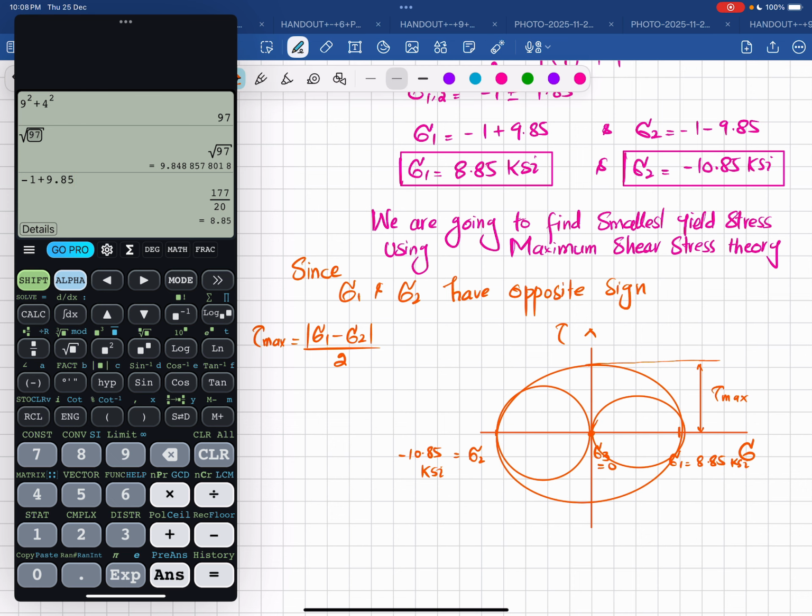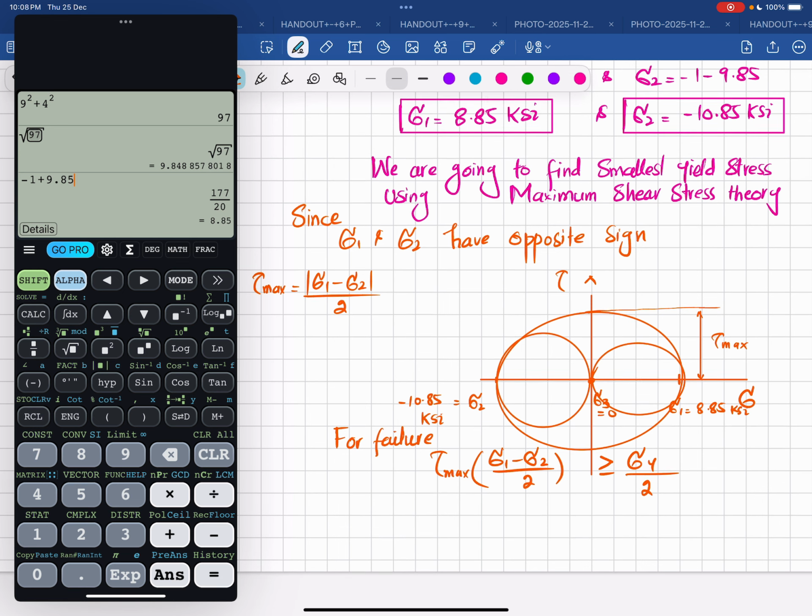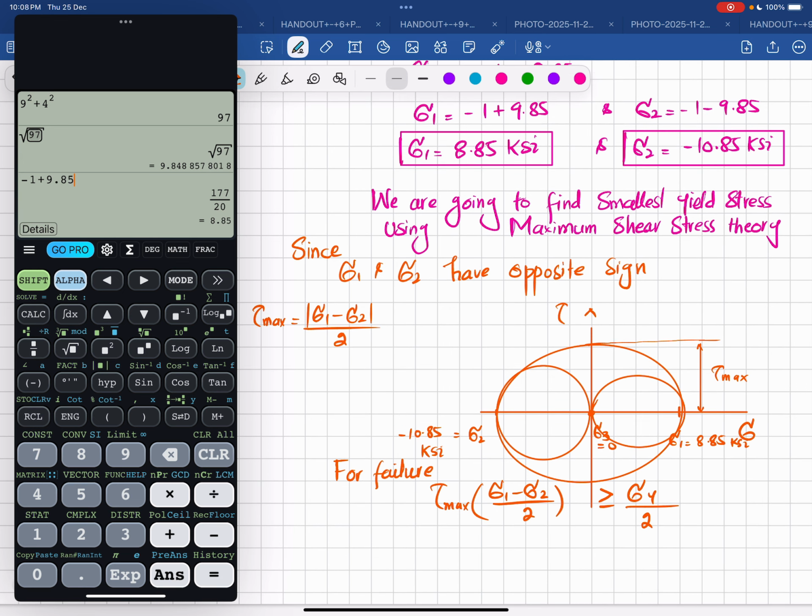Now, according to the maximum shear stress theory, for failure, your maximum shear stress, (sigma 1 minus sigma 2) divided by 2, is greater than or equal to sigma yield divided by 2. So we are going to find the minimum yield stress.